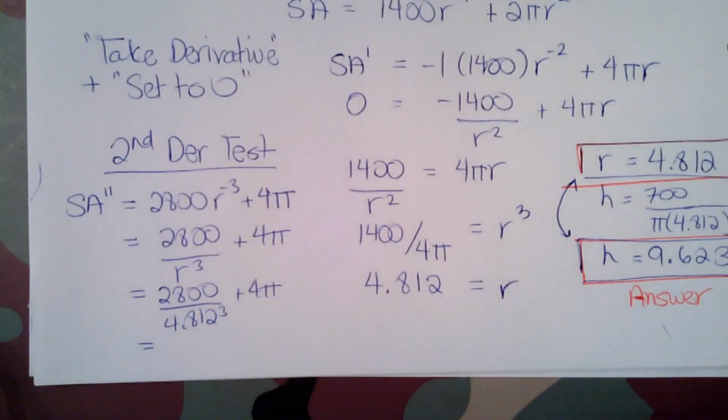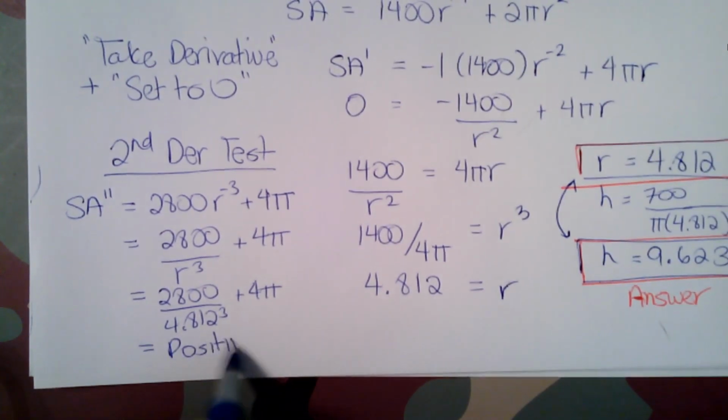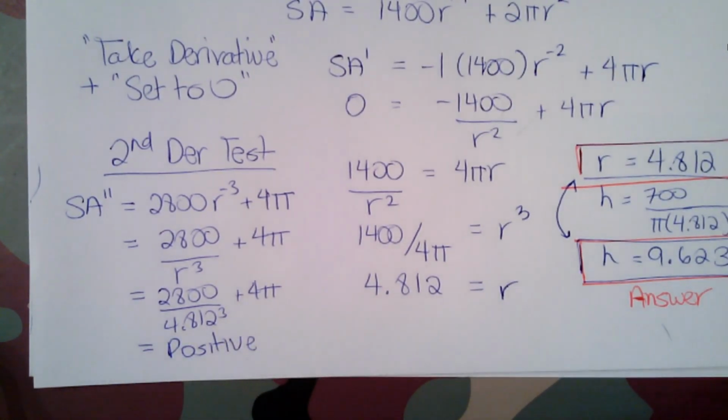Well, I already know what I'm going to get. I'm going to get a positive. I don't even really need to evaluate it. I can see just from looking at it, I'm getting a positive number no matter what. So since the second derivative is positive, that indicates a minimum.